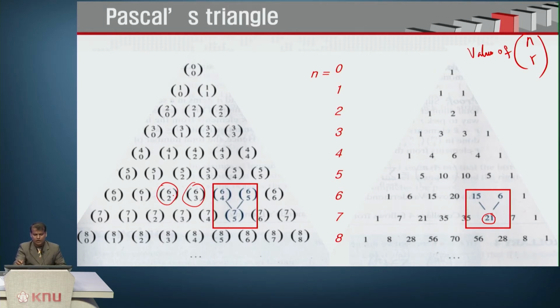What are we looking at? We are looking at these two values, and these two values eventually reveal the third value, that is 7 choose 3.